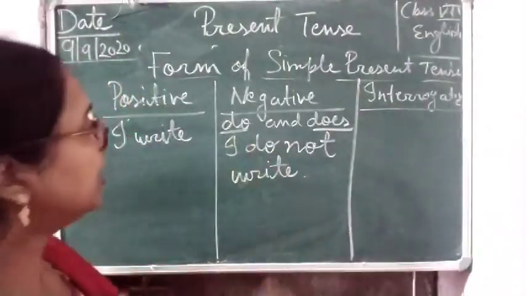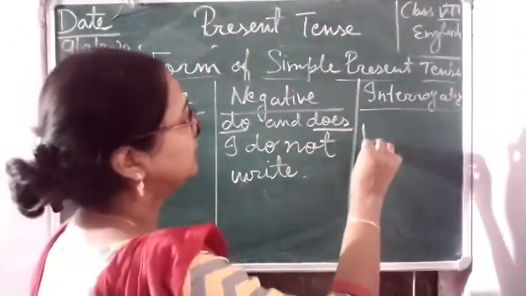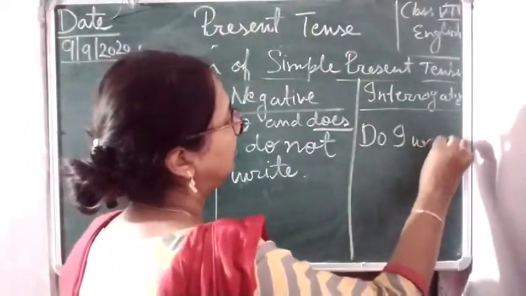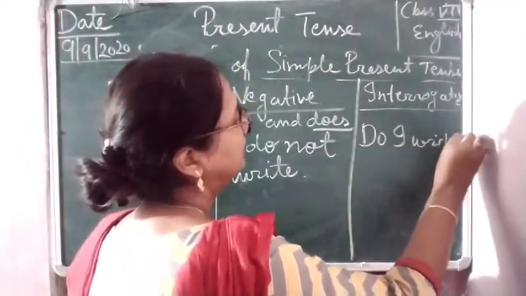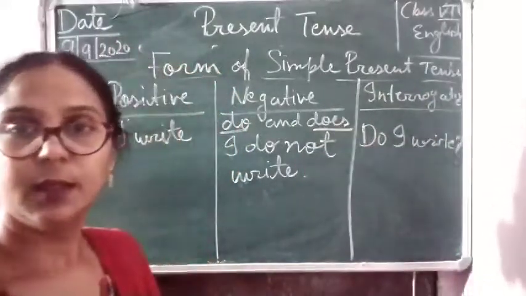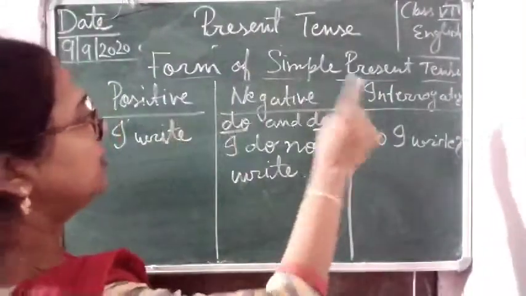Now in interrogative, if we are going to make an interrogative sentence: do I write? A question mark will be there. So this is the formation of simple present tense.